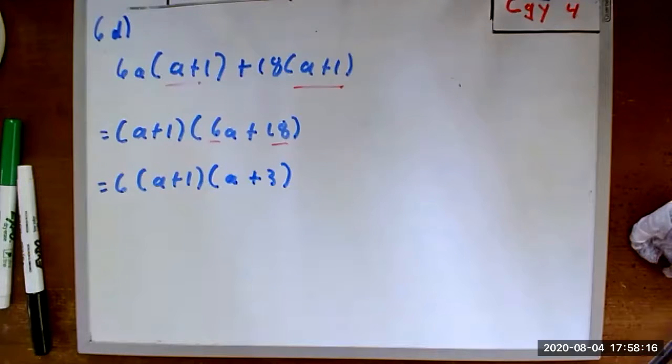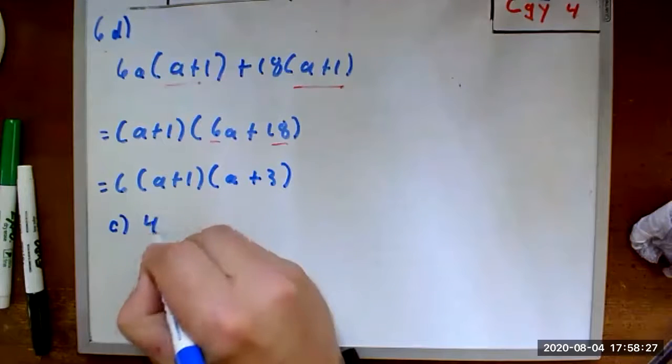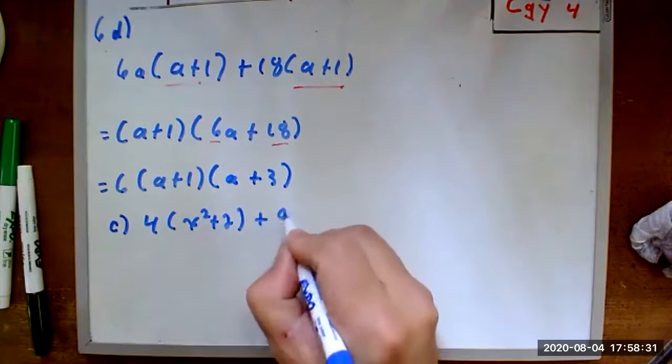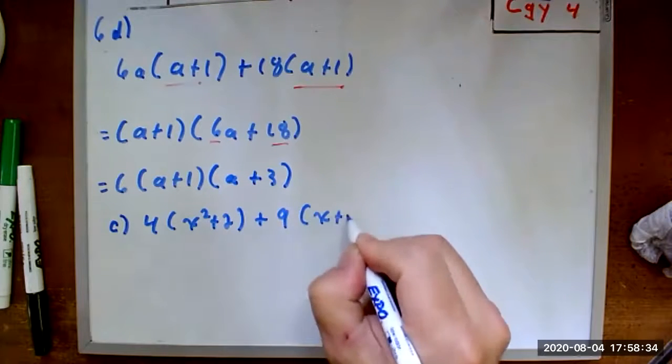Another one of those from question 6 can do. So let's start off by looking at the one right above it, where it says 4 times x squared plus 2 and 9 times x squared plus 2.